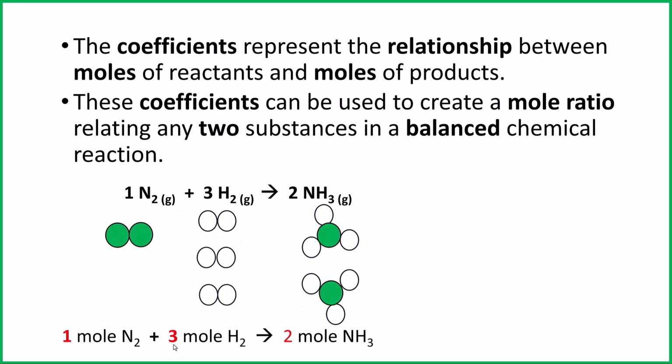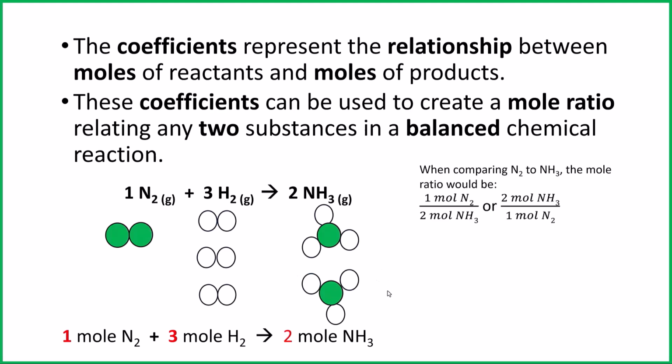And these coefficients can be used to make the mole ratios. So we compare 2 substances at a time. We're not going to be able to compare all 3 of these at the same time, but we can compare any 2 in the reaction.